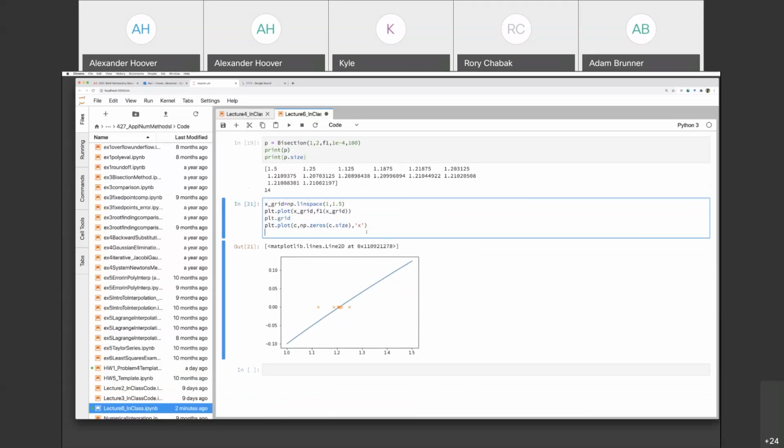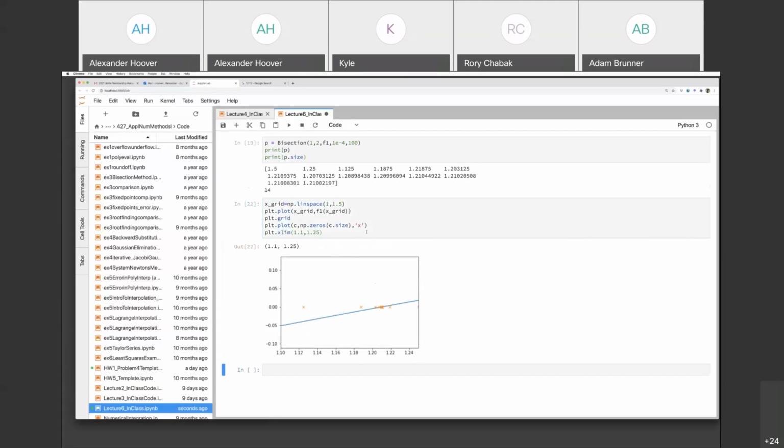If I just wanted to set the x limits, I would look at 1.1 and 1.25. You can see how it gets closer and closer to the root. I think maybe I need to put some brackets on there. Okay, great. Let's keep going with this.